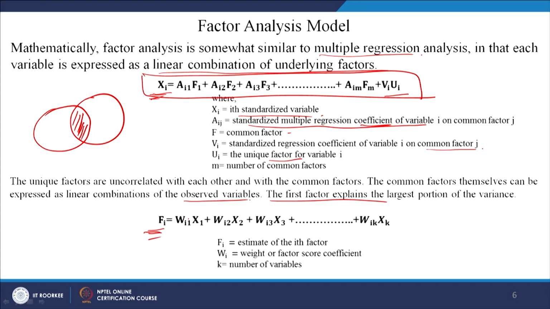Factor score I will explain in the next slide. This gives us the individual factor's variance, or how much of the variance in the study this particular factor is explaining, right.